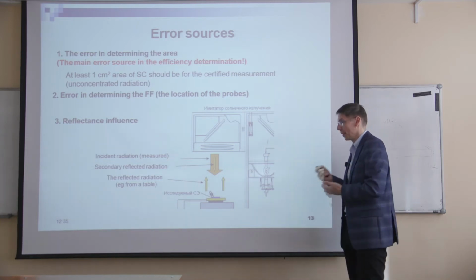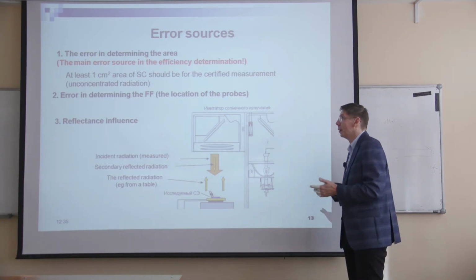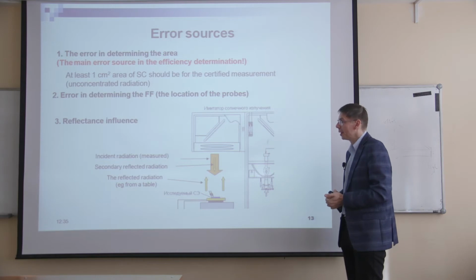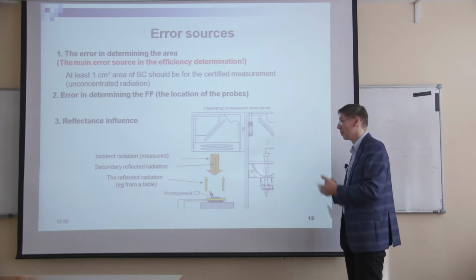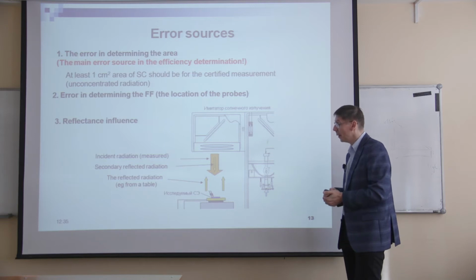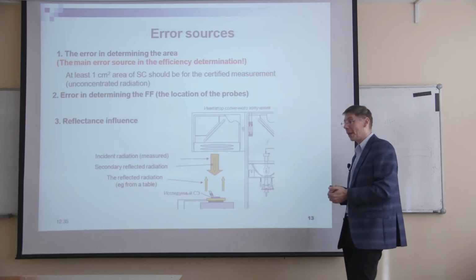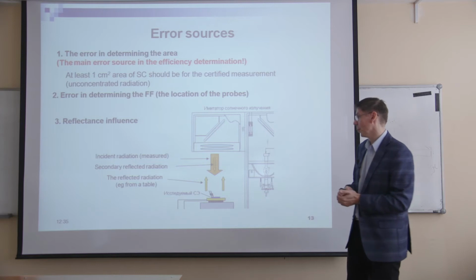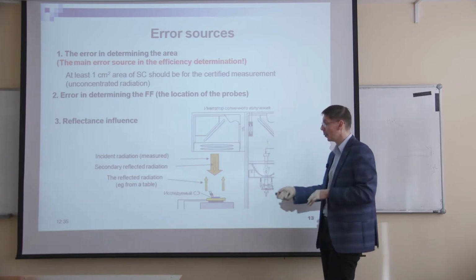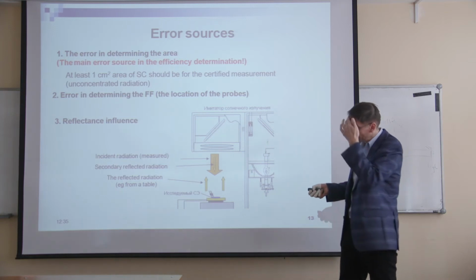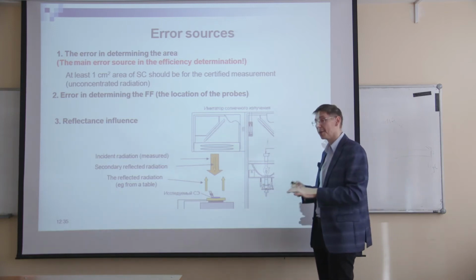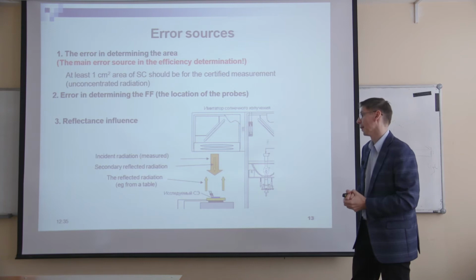It's something which is really, I would say, unpredictable in most cases, because you can think that it could be negligible. But actually, it's not the case. You have to really care about it. If you want to provide a precise measurement, you have to think about the influence of the reflectance.